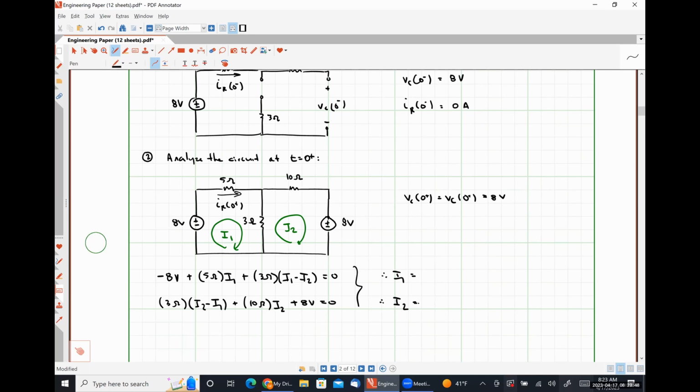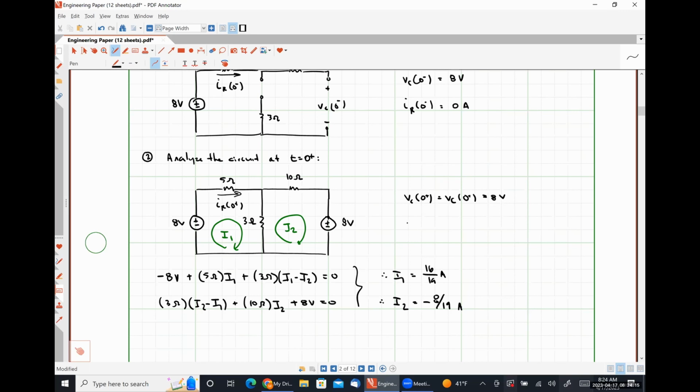Our constant term is +8. In our second equation, we have -3 I1, 13 I2, and -8. So I got 16/19 of an amp and -8/19 of an amp.